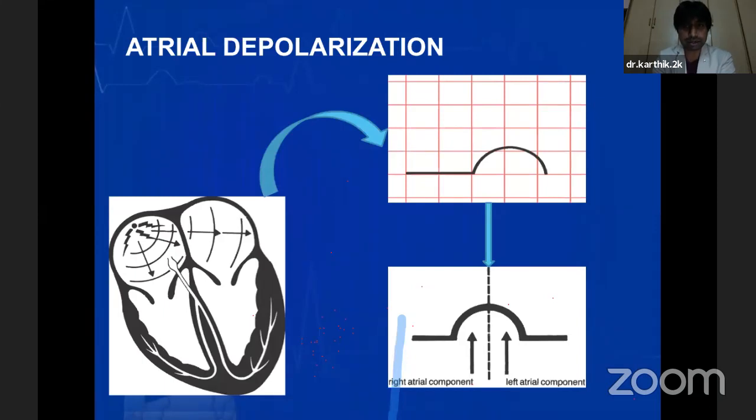So there are certain characteristics which have been laid down as the properties of the P wave of a normal ECG. So if you see the P wave, again, as I described in the previous slides, has got three attributes: the duration, the amplitude, and the morphology or the contour or the shape of the P wave.